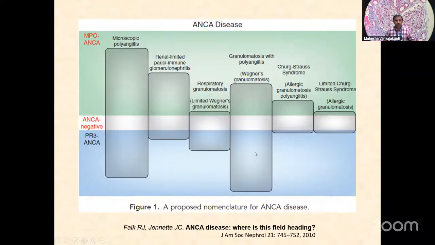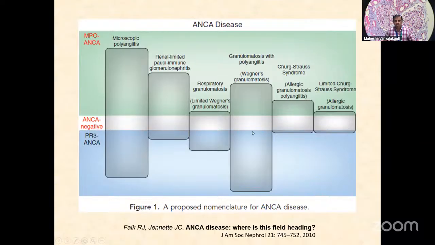So if you see, the bulk of this PR3 is due to the GPA, and similarly the MPO ANCA, the bulk of it is due to microscopic polyangiitis. So these are the various positivity seen in these diseases.